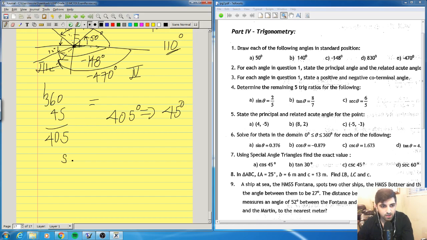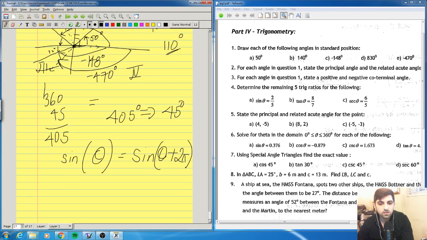So you're going to have sine of an angle theta, or cosine, is equal to sine of that same angle theta plus 2 pi, or 360 degrees. So this is a trig identity. So that's basically part one.